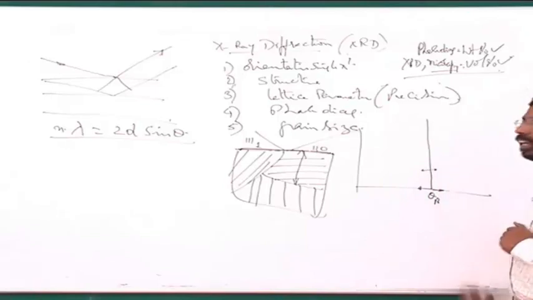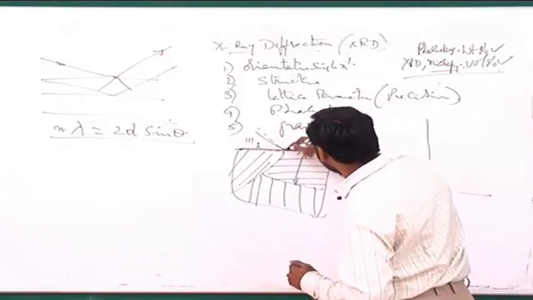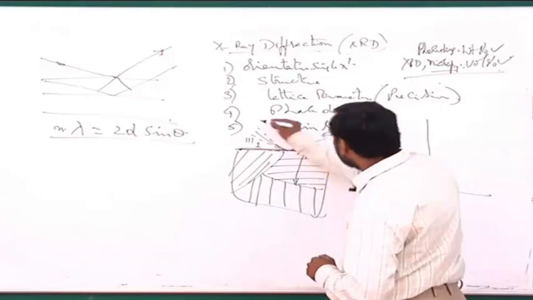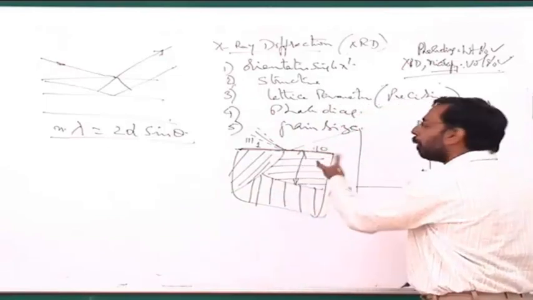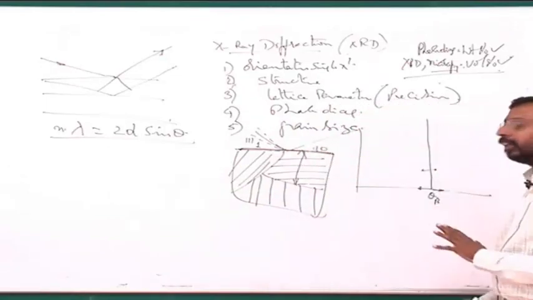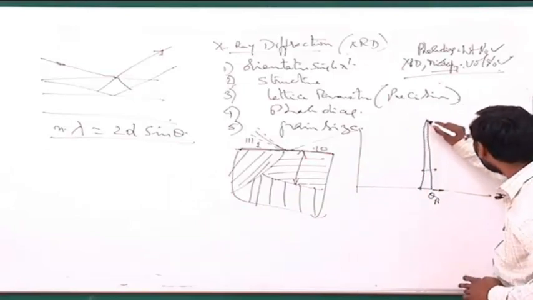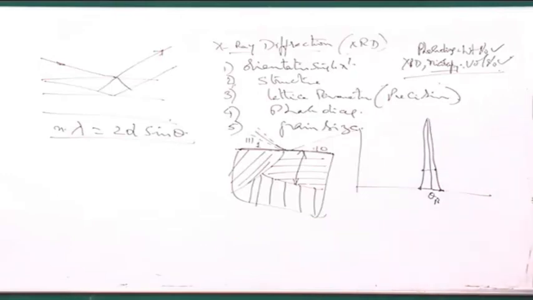If theta is slightly deviating from the Bragg angle, either higher or lower, the beams that are falling on the sample do not get completely destructively interfered. As a result, you will have some intensity left over, and that causes the sample to have a peak like this.